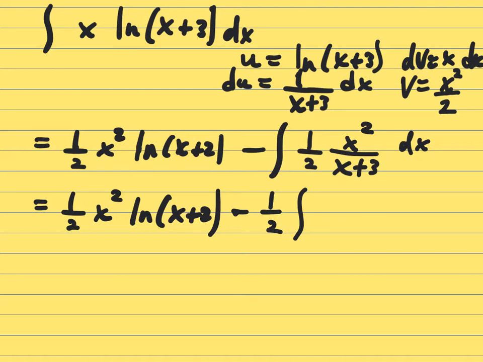So let me change to a nice pretty blue ink. This fraction, if we break it down, which will give you flashbacks of college algebra, x into x squared, x times x plus 3.